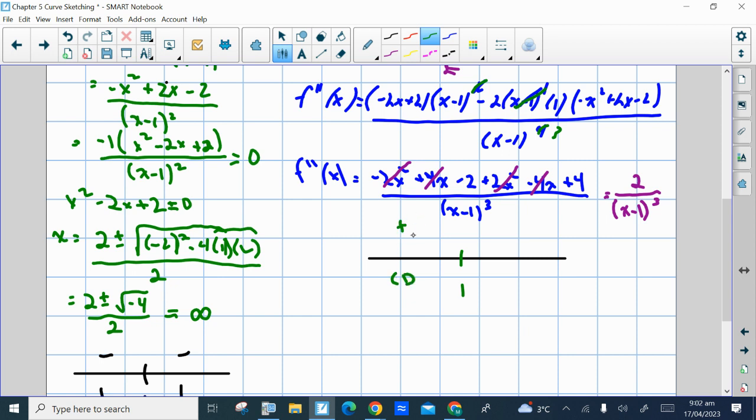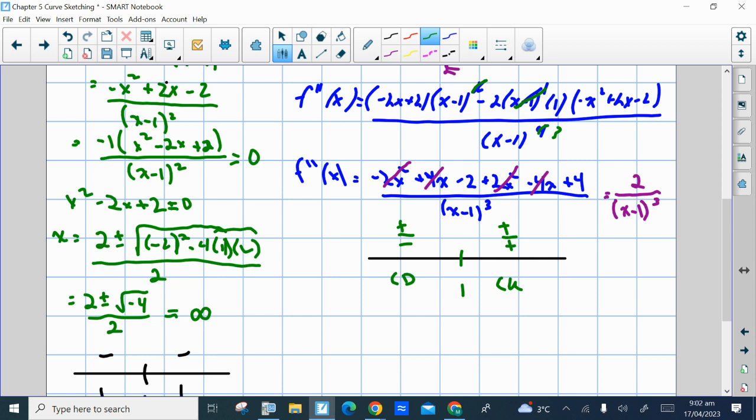You're going to have a positive over a negative, which is a negative, so the graph is concave down there. On the right side, a number like positive 2, you're going to have a positive over a positive, so the graph is concave up there. But again, even though the concavity is changing, there is not a point of inflection at 1 because that's where our vertical asymptote is.